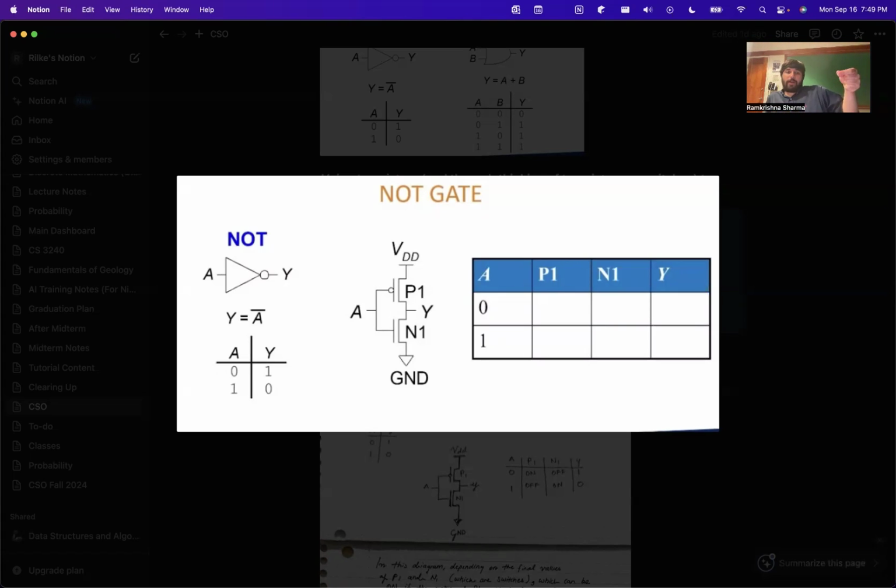But then, of course, you have 1 being sent to N1. And so the N1 switch is closed. And therefore, you have a valid path from Y to ground. And so the value is 0. So if a path exists from Y to ground, the value will be 0. If the path exists from Y to VDD, then the value will be 1.